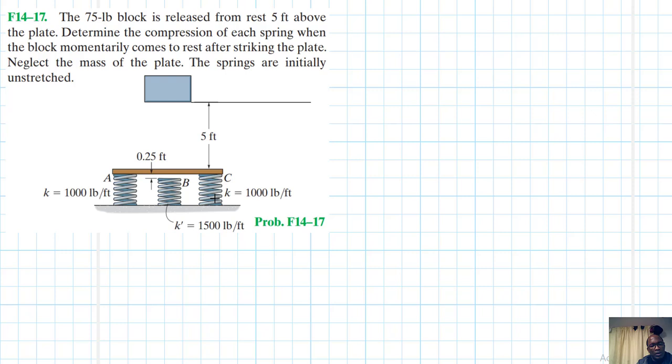So let's say these are the points that we are interested in.